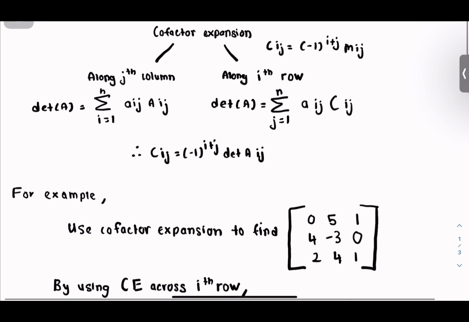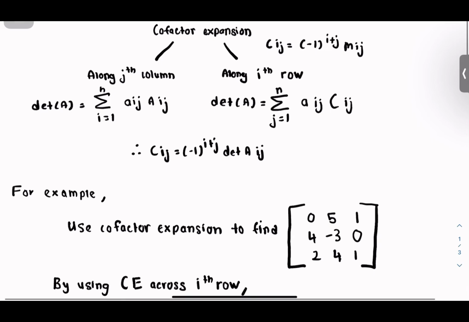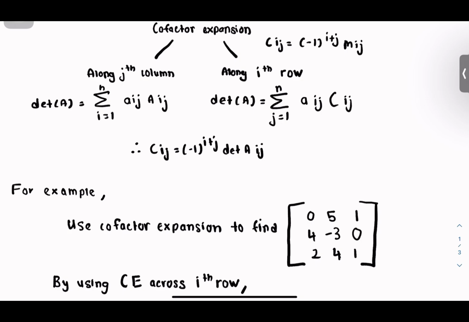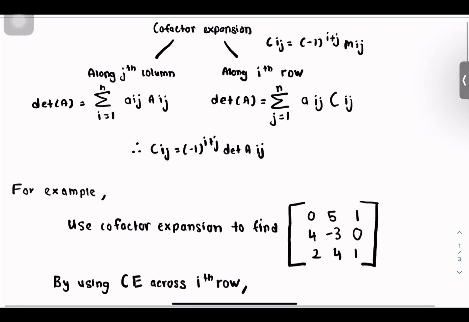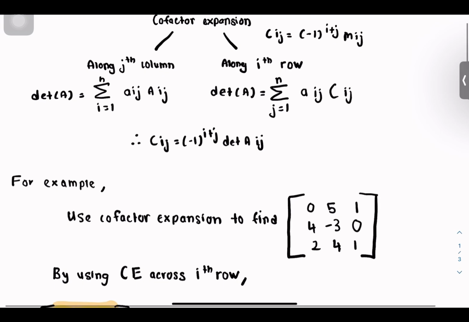In the previous explanation we learned the cofactor formula, which is Cij equals -1 to the power of i plus j times the minor Mij. From that formula we can use it in cofactor expansion. In cofactor expansion we have two types, along a column and along a row.